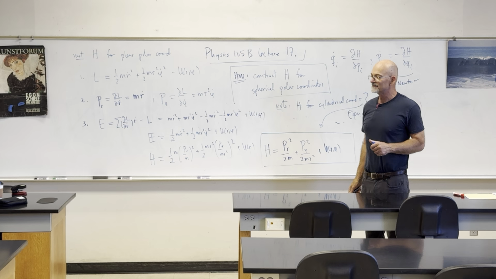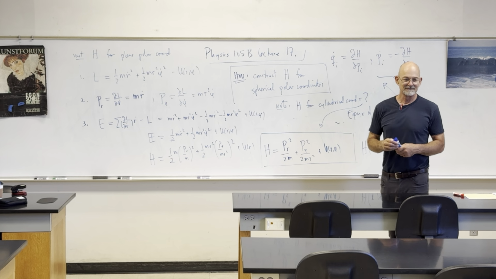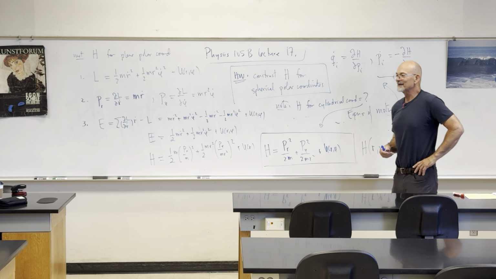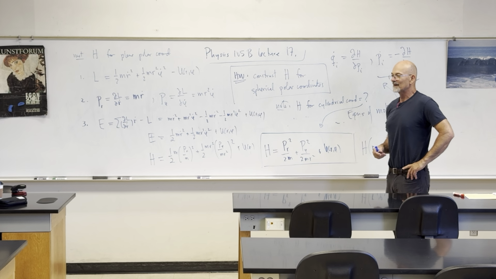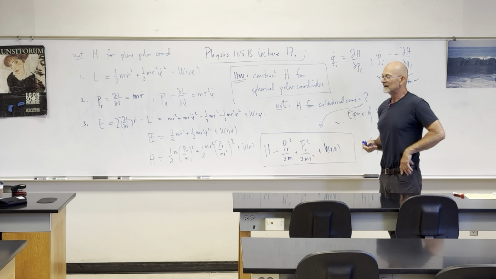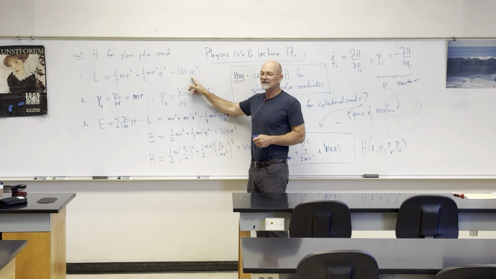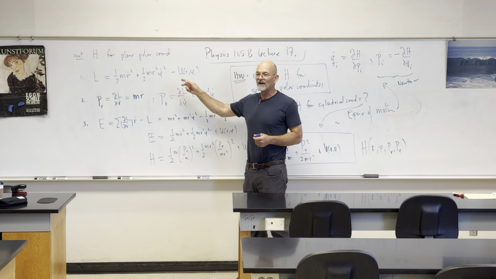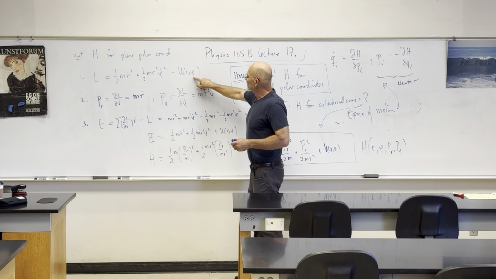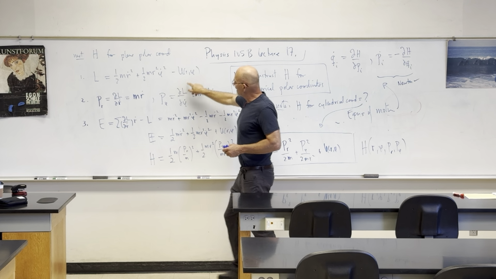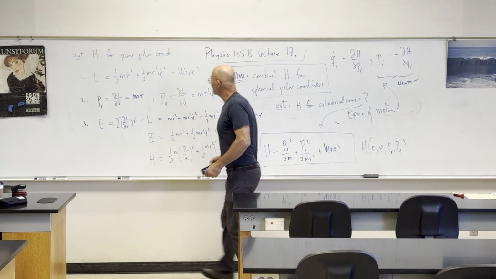You guys notice? Go back to your hand. Anybody? Our potential depends on the angle. That's right. For the central force, potential doesn't depend on the angle. Remember the Kepler problem was just minus k over r, that kind of thing. So we can immediately get the central force Hamiltonian.